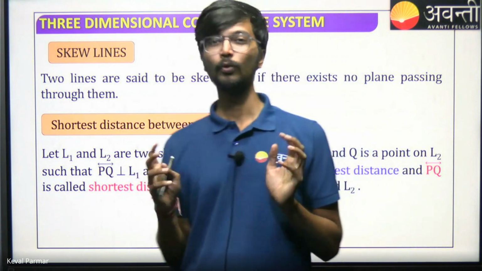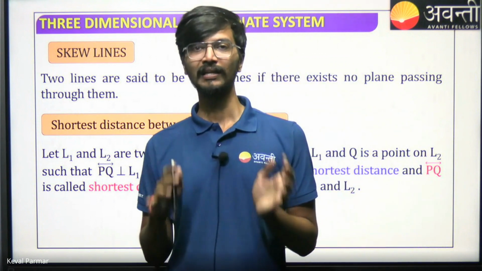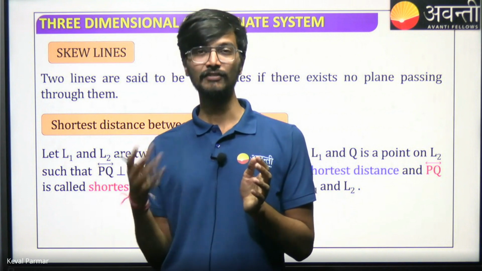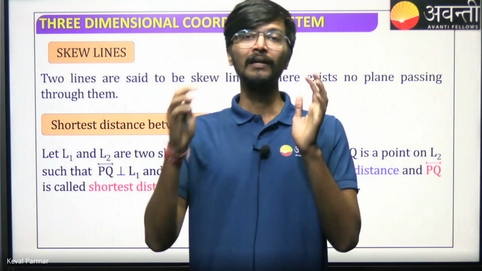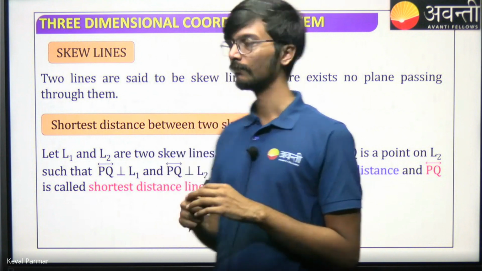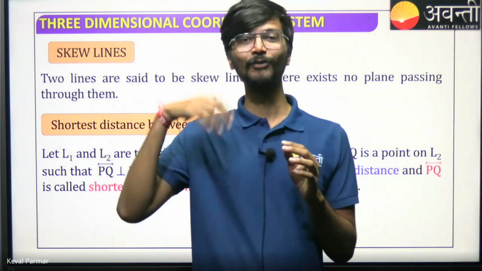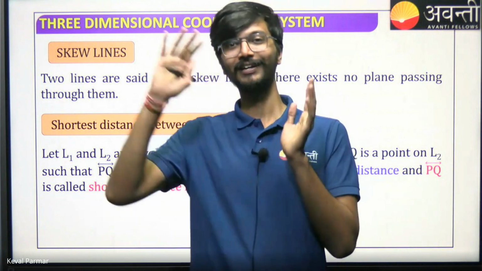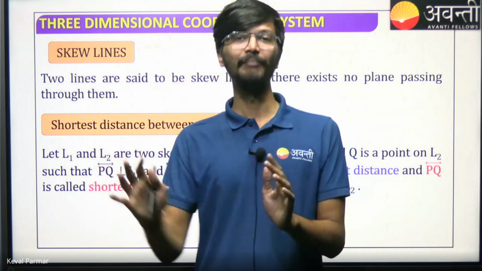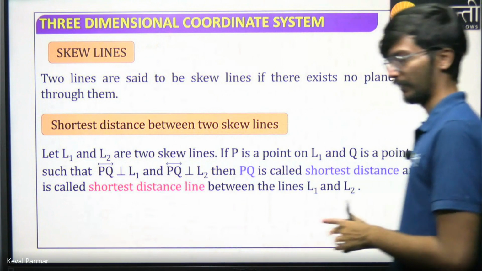The question will come as: we have to find the distance between those skew lines. So it is better that I explain how to find the distance by using the question itself. It will be way better for you all to understand.